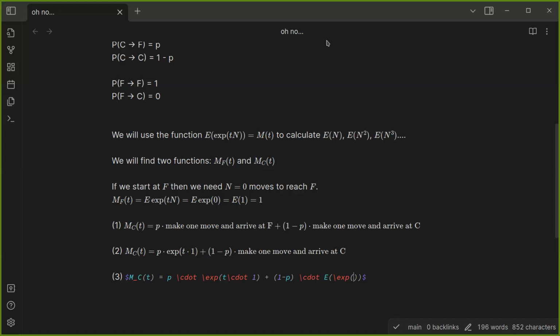And ahead of me is my new game, and my new game is exactly the same as the initial game. So I have done 1 move, and the situation is exactly the same as the initial situation. So I write 1 plus N, or N plus 1, times T. Why? Once again, because 1 move is done and a random number of moves N is ahead of me. Okay, that's fine.